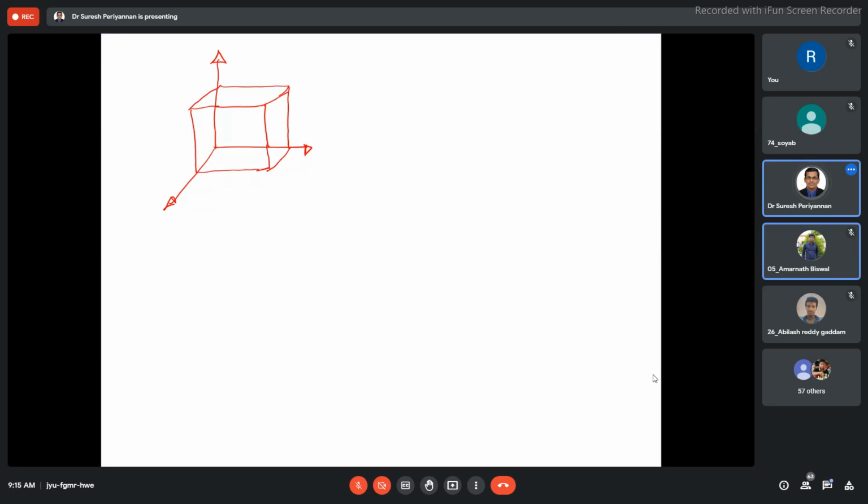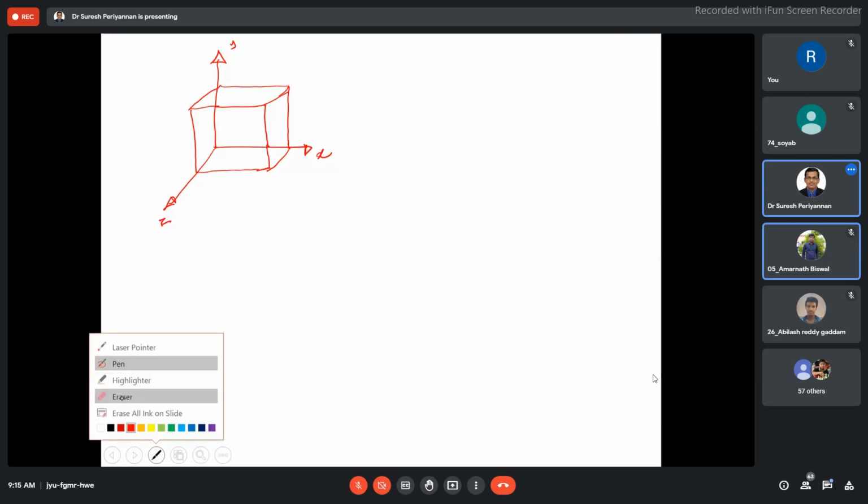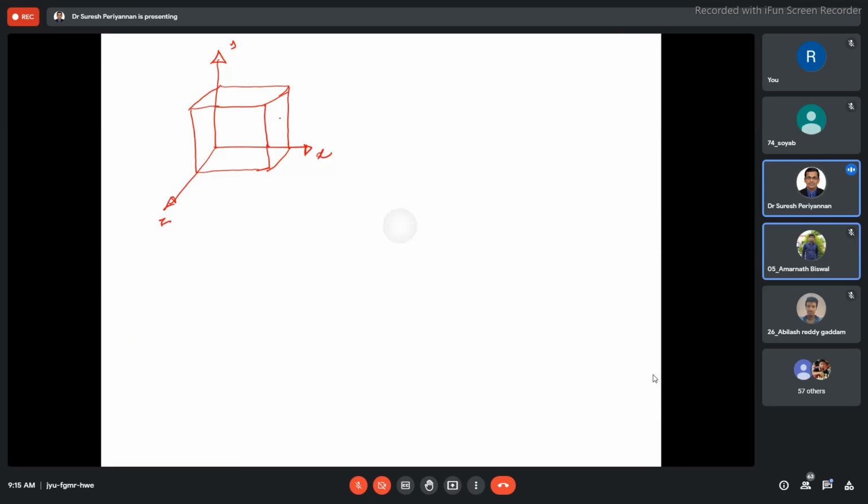Now this is x, this is y, this is z. This plane is going to be sigma x, the opposite plane is also sigma x, this plane is going to be sigma y, and this plane is sigma z, the opposite plane is also sigma z.